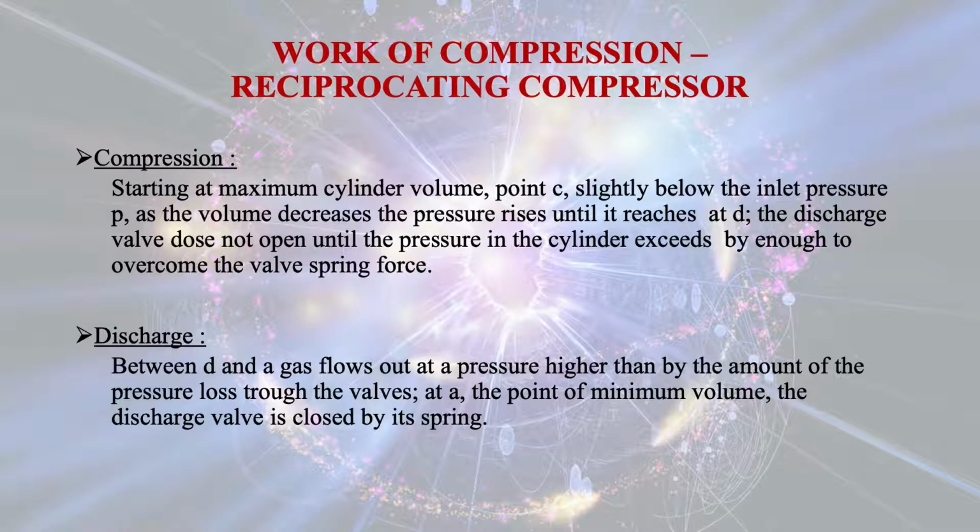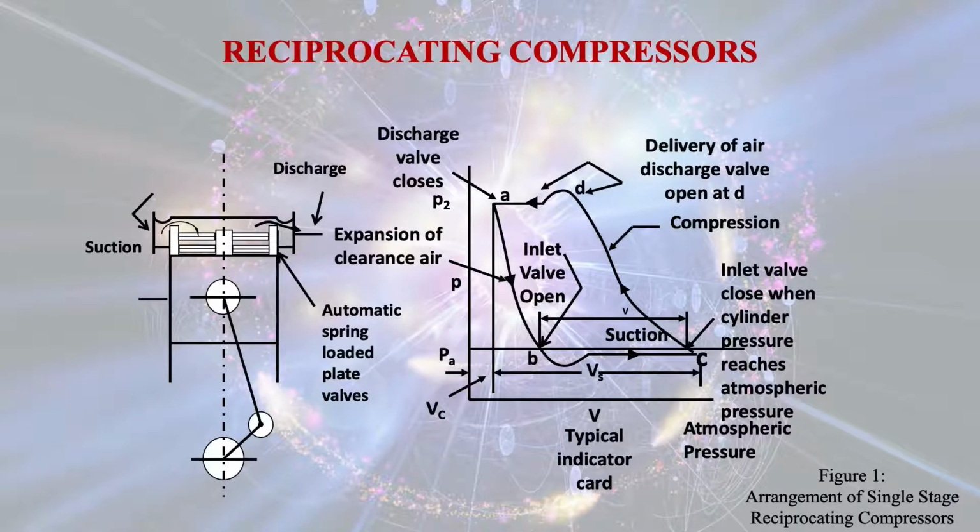Between D and A, gas flows out at a pressure higher than the discharge pressure by the amount of pressure lost through the valve. At A, the point of minimum volume, the discharge valve is closed by its spring. Now, this is the diagram for the arrangement of single stage reciprocating compressor.